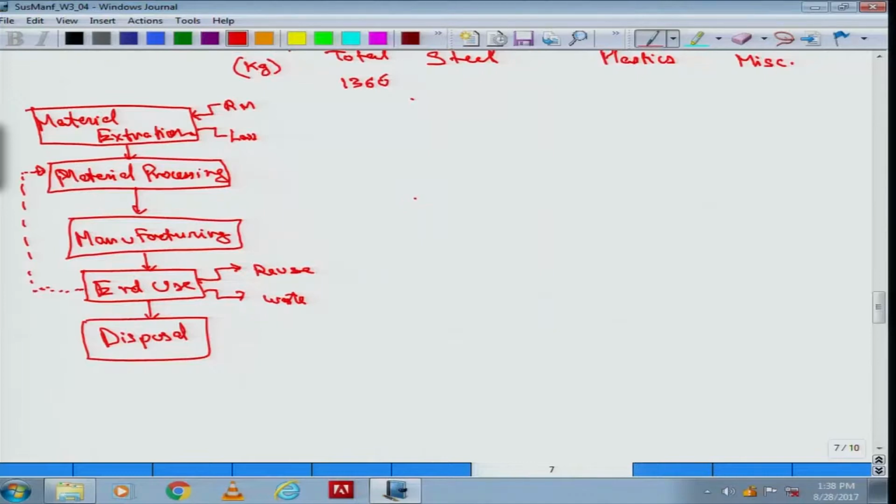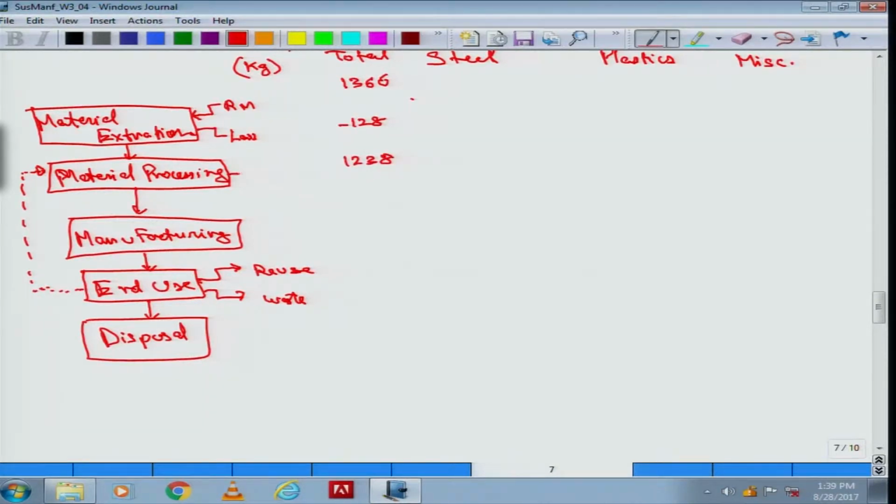So the total raw material that entered into this stage, into material extraction, was 1366 kg, out of which the loss during this raw material extraction process was 128 kg. So the material that went into material processing was this difference, 1366 minus 128, that is 1238.